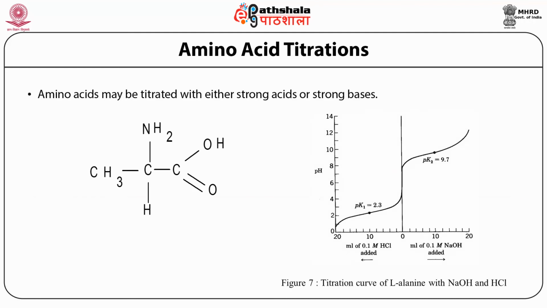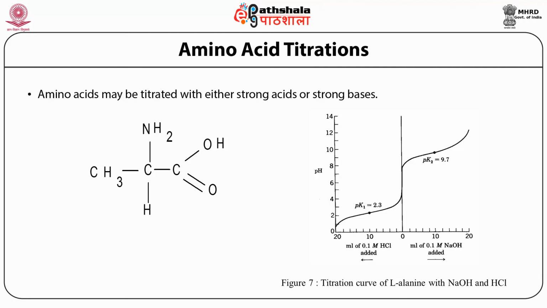Amino acids may be titrated with either strong acids or strong bases because amino acids are weak bases. So for titration, they will require either a strong acid or a strong base.